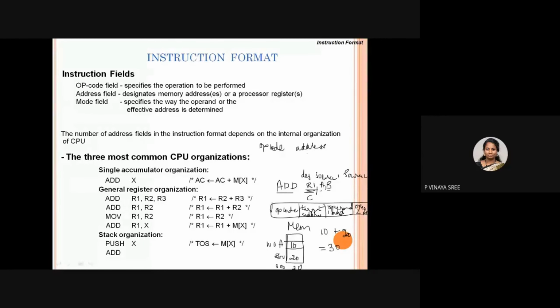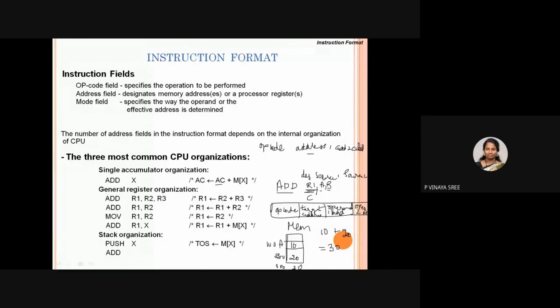So this address plus the contents of the accumulator will be added, and then the result will be stored in the accumulator. So the instruction format for a single accumulator organization will be opcode and an address. If it is general purpose registers, you will be having an opcode, address 1, address 2 and address 3.